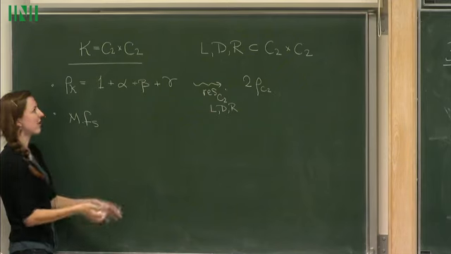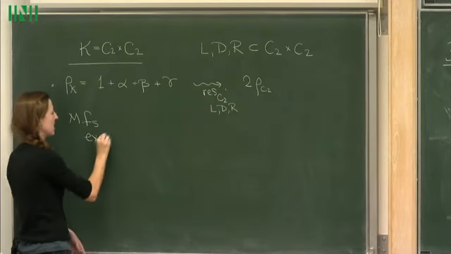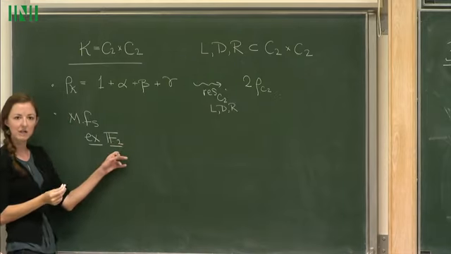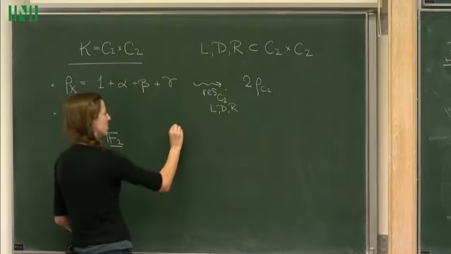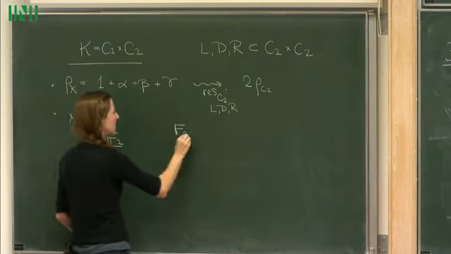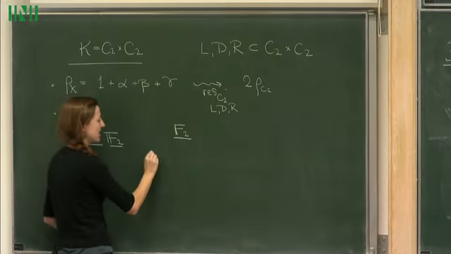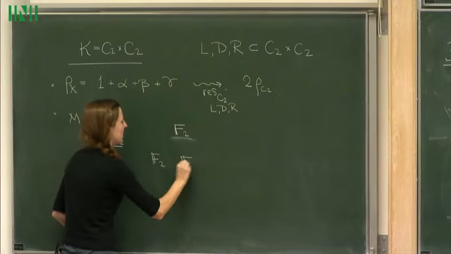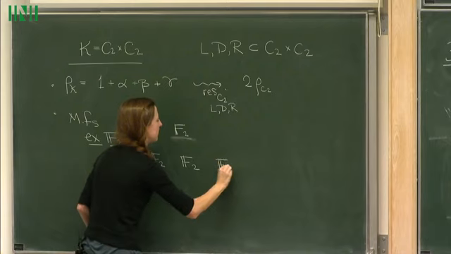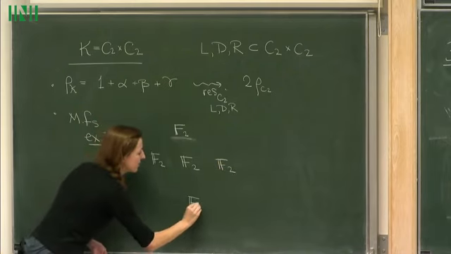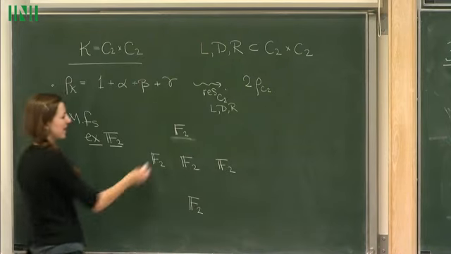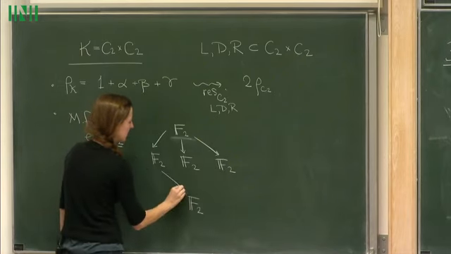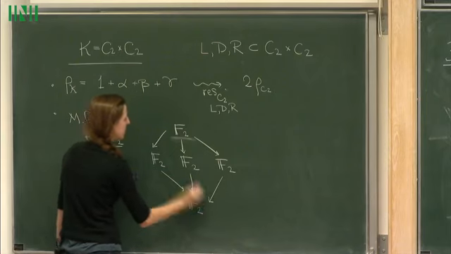So rather than write all of those, I'm just going to give you an example and tell you explicitly the constant Mackey functor for F2 here is that we have an F2 at the level of K, and we have an F2 at each subgroup, and we have an F2 on that underlying orbit, and all of our restriction maps, just like in the C2 case, are the identity.